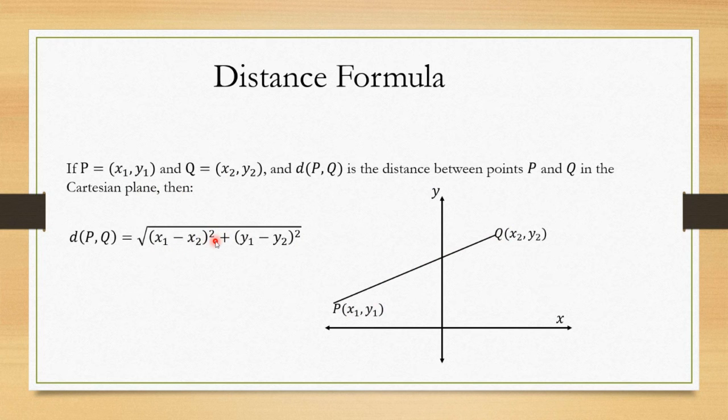Subtract the x coordinates and square the difference. And then you do the same thing with the y coordinates: y sub 1 minus y sub 2, squared. You add those squares and take the square root of that.